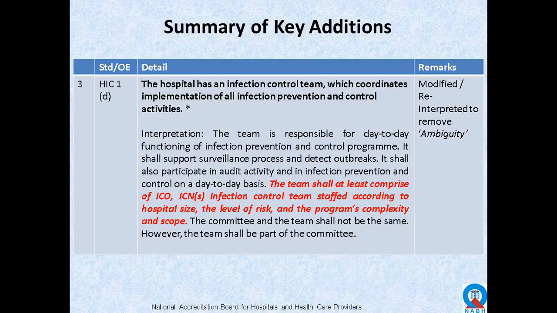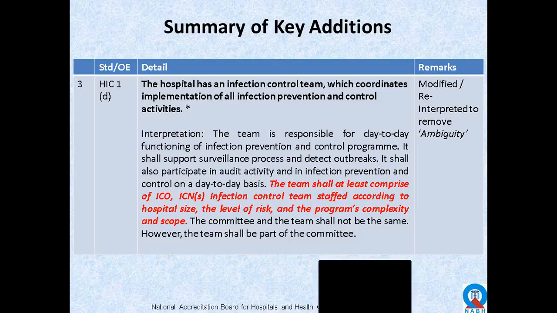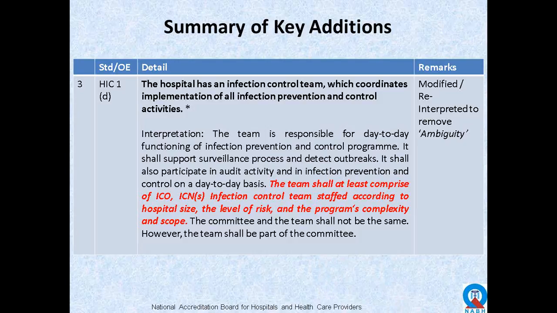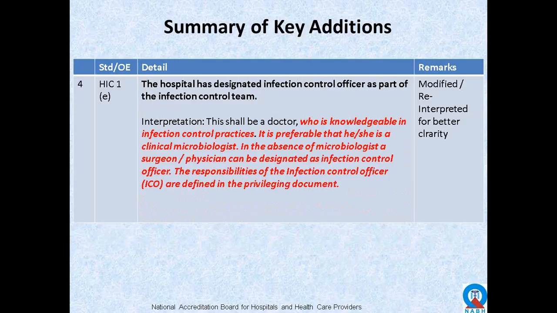So when we go for an audit or even when we implement it, don't ask for specific numbers which you think are important. More importantly, if they tell you that so many infection control nurses or so many infection control team people are there, ask them on what basis they have come to such a conclusion. That may be a better way. This has been added to reduce some ambiguity which was there previously, based on assessor feedback.